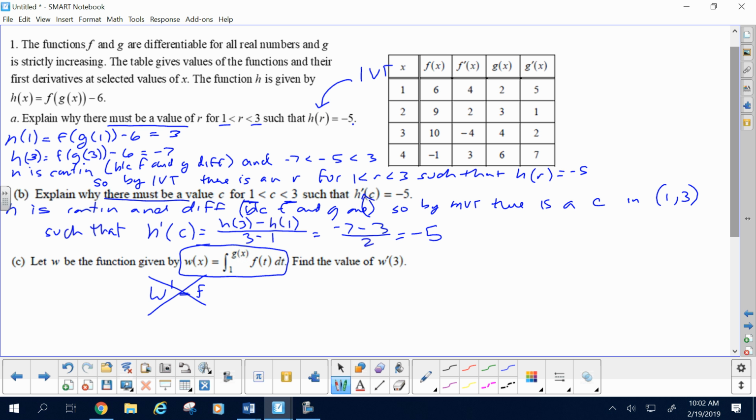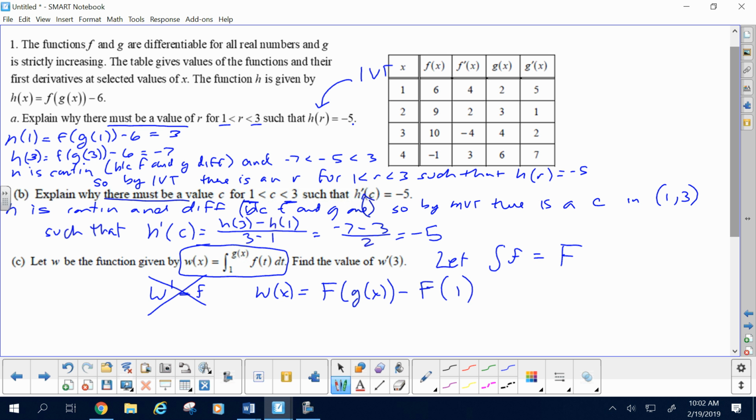It's pretty common to say that the antiderivative of little f is big F. That's pretty common in all textbooks that taught you this. So I could say that w of x is big F at g minus big F at what?